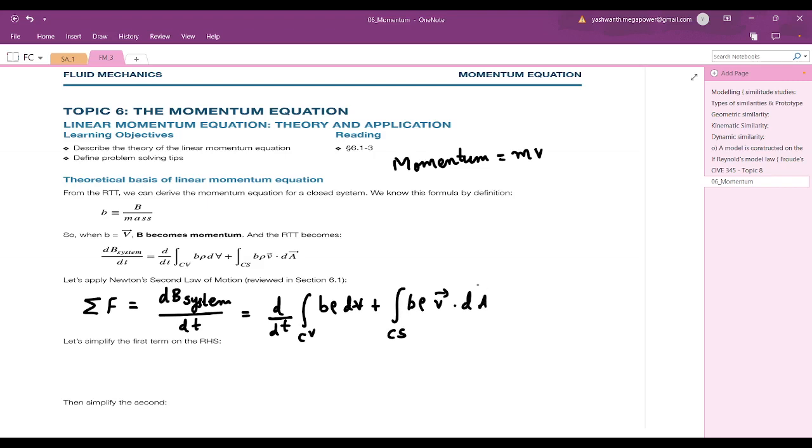This is the momentum equation as per the Reynolds transport theorem, using Newton's second law of motion.